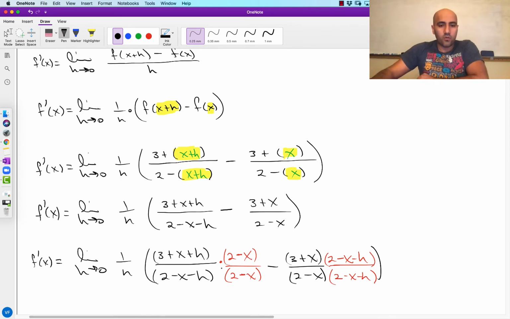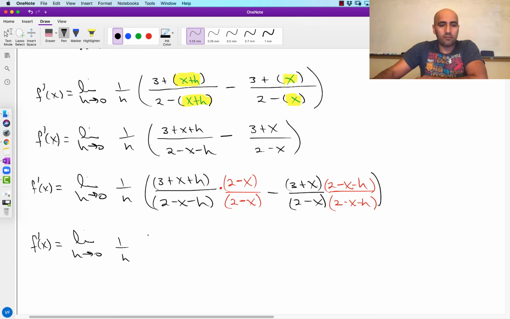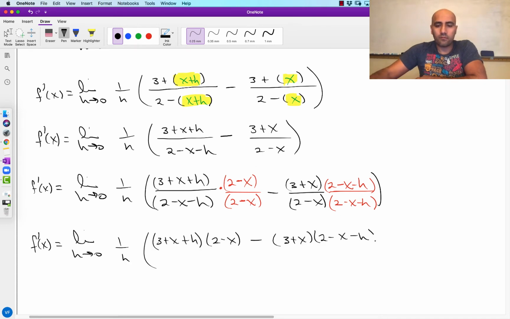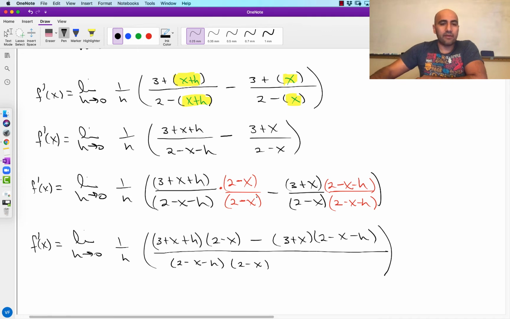Now we're going to have to FOIL these, and then we get to bring it all under one big happy fraction with the product of these two in the denominator. So let me copy that. Okay, so now we have one big happy fraction.